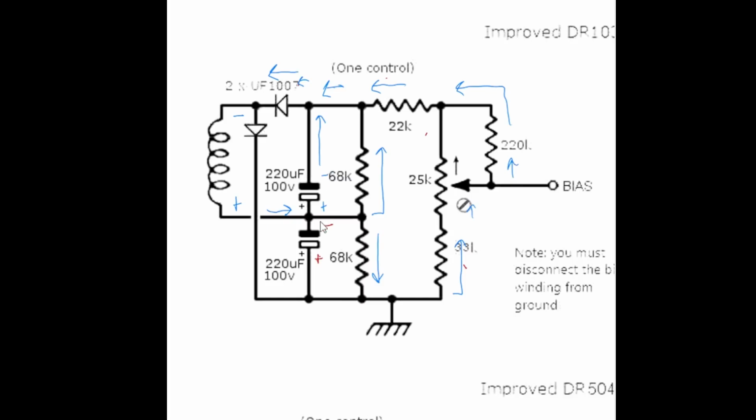But as that is happening, what's going to happen with this other capacitor? It has charge, and it now sees a path from positive back to this negative. So this capacitor is now, instead of acting like a load, going to act like a source.